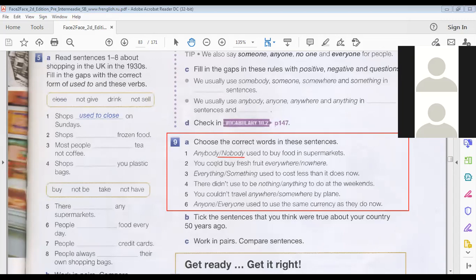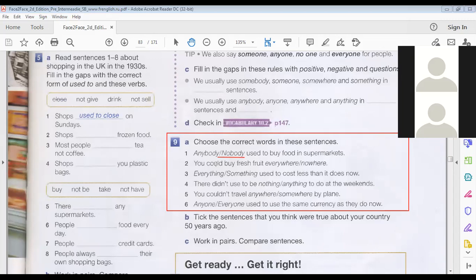Salma, what about number 4? Which one would you use in number 4? Salma, are you there? Okay. Dua, what about number 4?